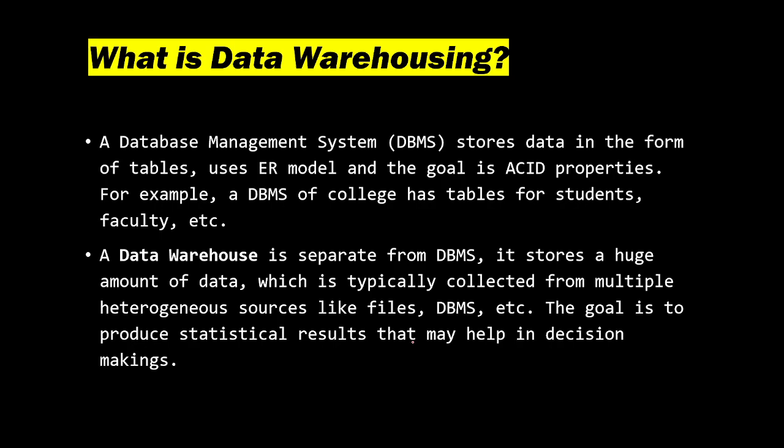Whereas a data warehouse stores historical data. For example, a college that has a data warehouse might store data of students from 10 years ago, to analyze trends, how student scores are changing, and find patterns between them.